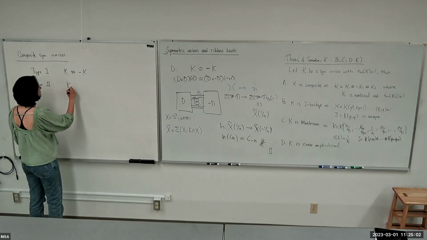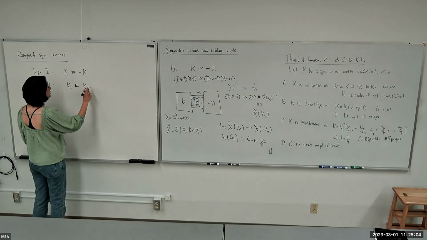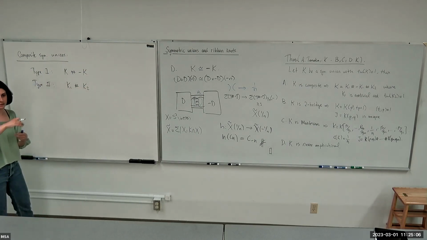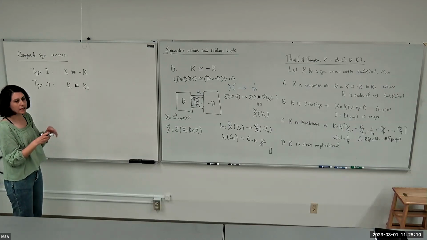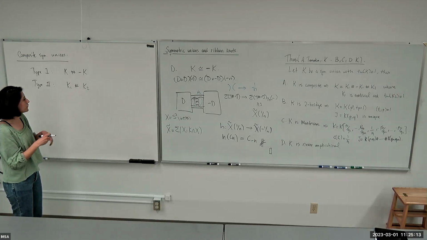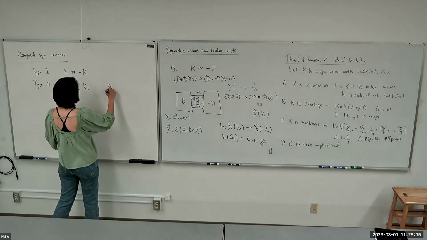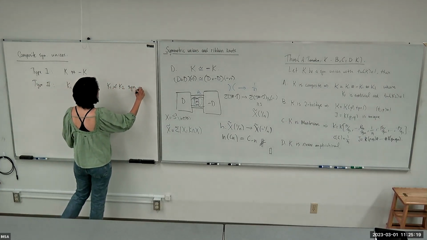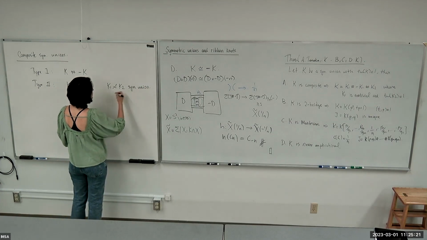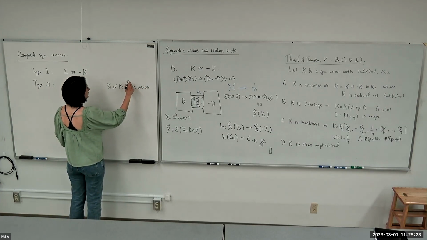And the other one is that if I take two symmetric unions and stack them together, then we can find a diagram for these composite knots.